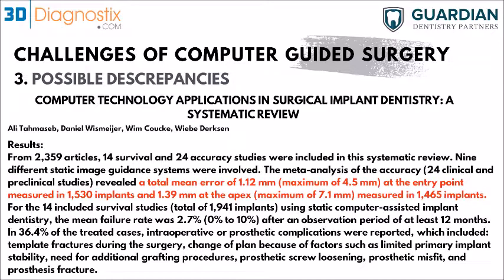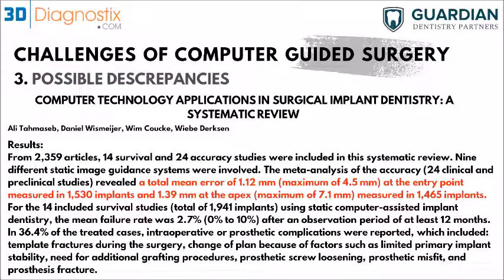This here is a systematic review of 14 and 24 cases or studies, and it shows around 1.12 millimeters, which is just an average, at the entry point. Sometimes it depends on the height of the sleeve and the length of the drill.